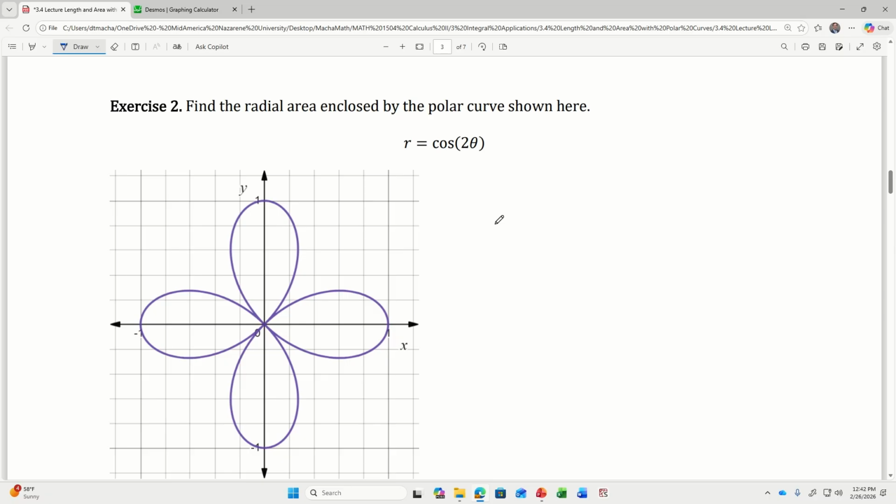Find the radial area enclosed by the polar curve shown here. So r equals 2 cosine of 2 theta. It makes that nice shape.